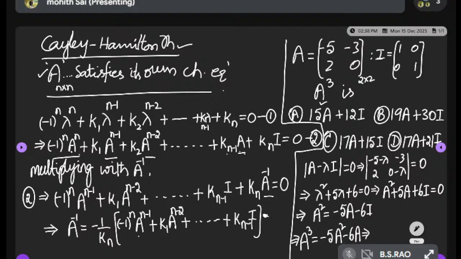This is equal to minus 5 into A square, and what is A square? Minus 5A minus 6I, next minus 6A.